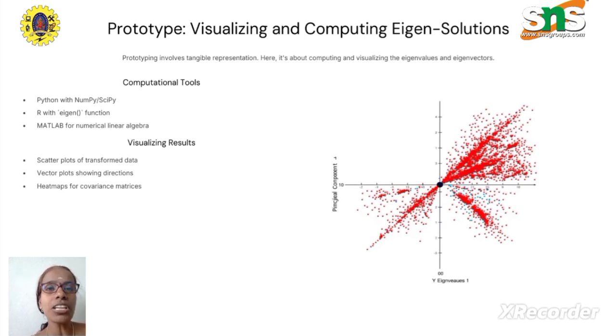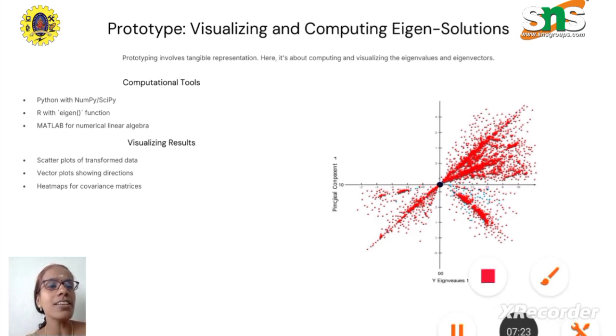The computational tools are Python with NumPy, SciPy, R with the eigen function, MATLAB for numerical linear algebra. Visualizing results are scatter plots of transformed data, vector plots showing the directions, heat maps for covariance matrices. These are the results I have to remember.